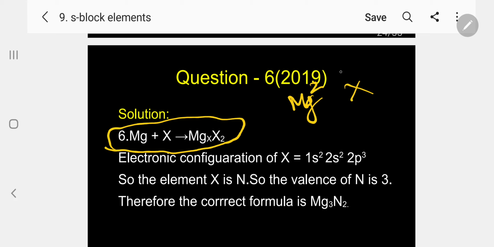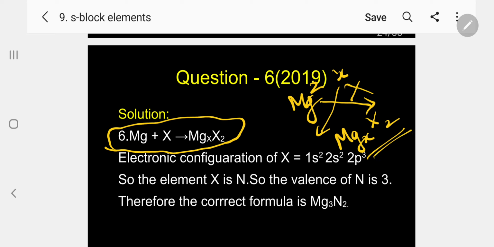The valency of M is 2, and the valency of X I do not know yet, so I put x. By criss-cross, which you have studied, write M with subscript x, then X with subscript 2. This is the formula it has to form.